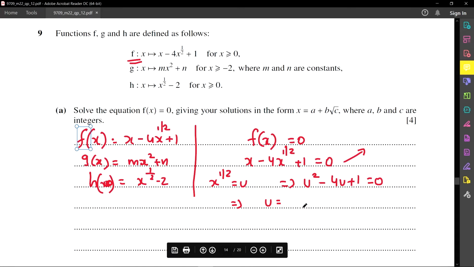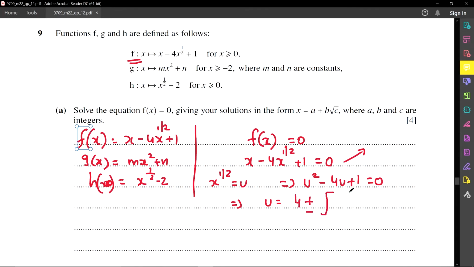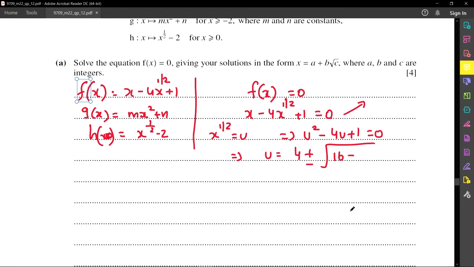So this will be 4 plus or minus root of 4 square, which is 16, minus 4ac. So 4 into 1, so 4, by 2.